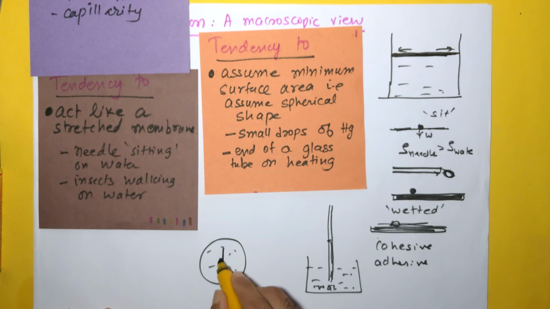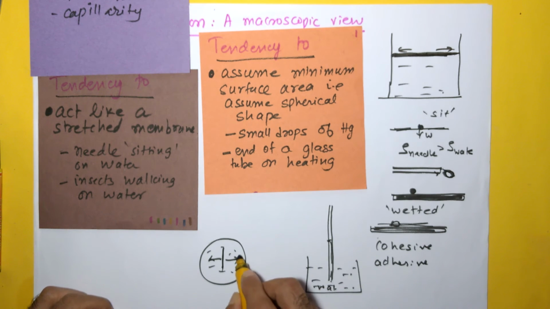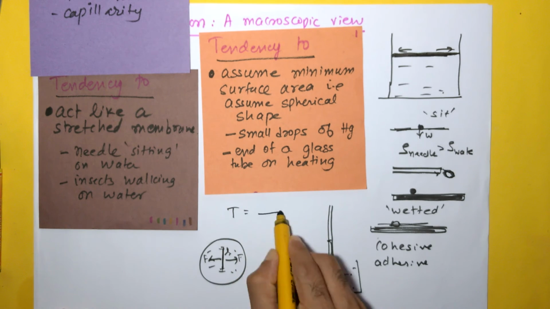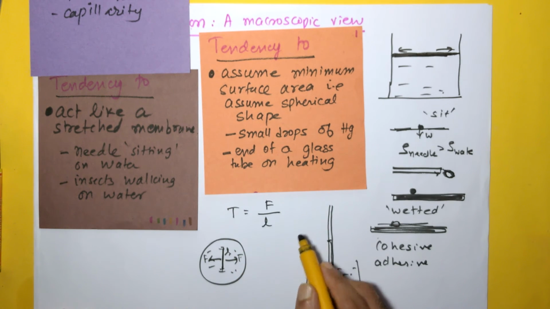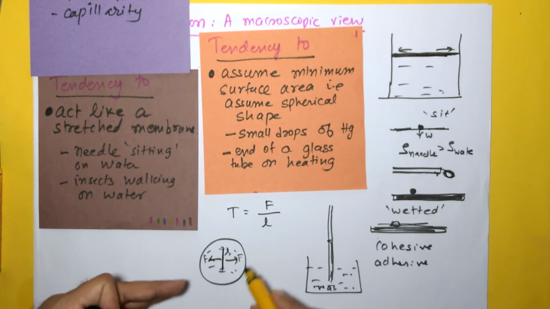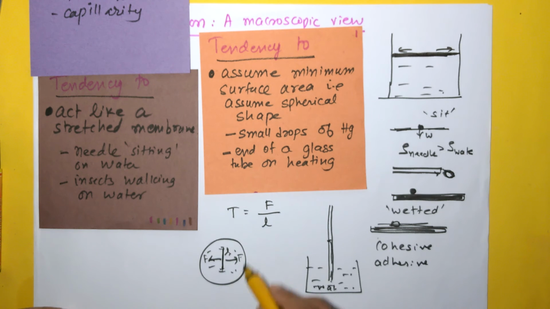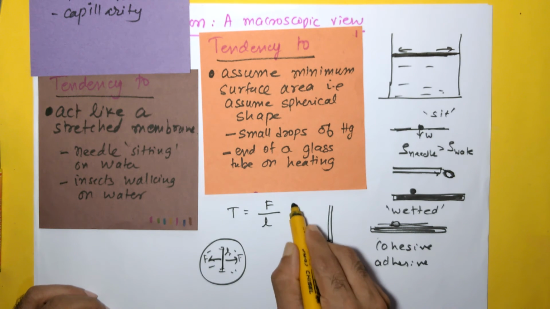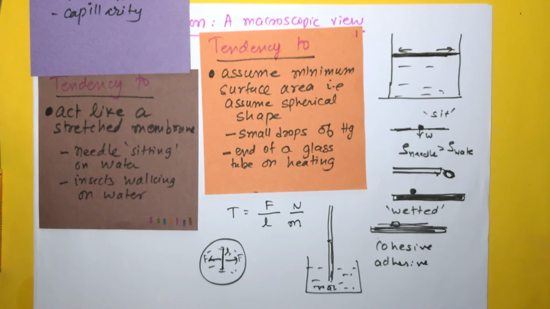This line experiences a force in this direction, a stretching effect, say this force is F, and the length of the line is, say, L. Then surface tension T is given by force per unit length. This force is acting throughout the liquid, but the force per unit length gives me the surface tension of this particular liquid. The unit will be Newton per meter.